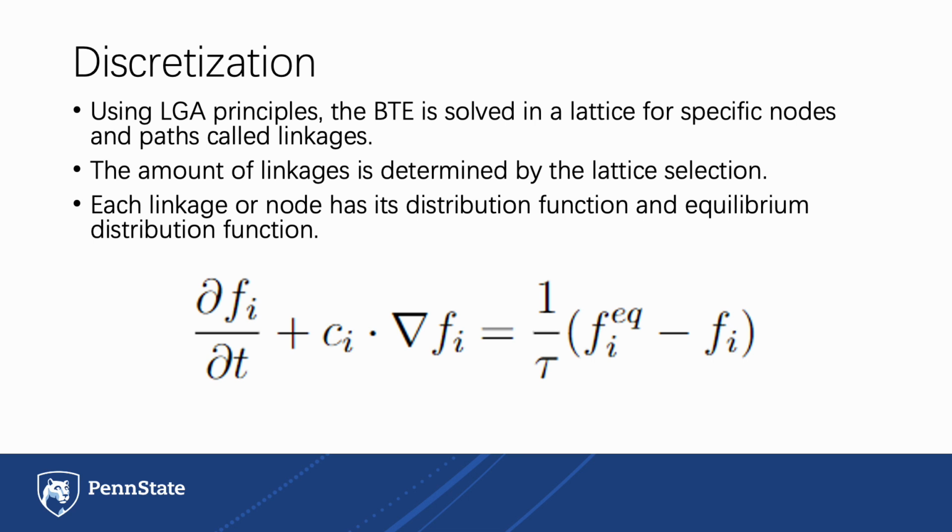As the Lattice-Boltzmann method is not an analytical solution to the Boltzmann transport equation, but a numerical solution, we want to discretize this equation, and the way of doing so is by stating that each node of the lattice or of the mesh is going to have its own distribution function, and the Boltzmann transport equation is going to be solved for that specific node.